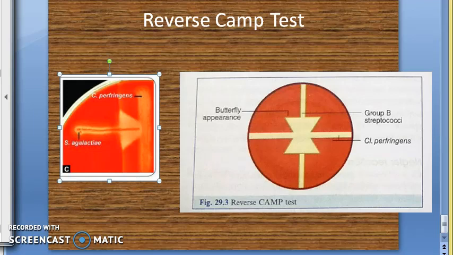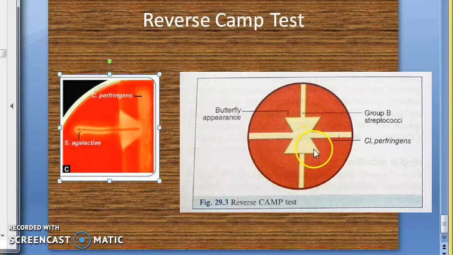Nice, na? Reverse CAMP test this is. You can check more on this, how it happens and all that. This is called butterfly appearance also. Basically what happens, there is an attenuated zone of hemolysis. So this arrow thing is an attenuated zone of hemolysis.